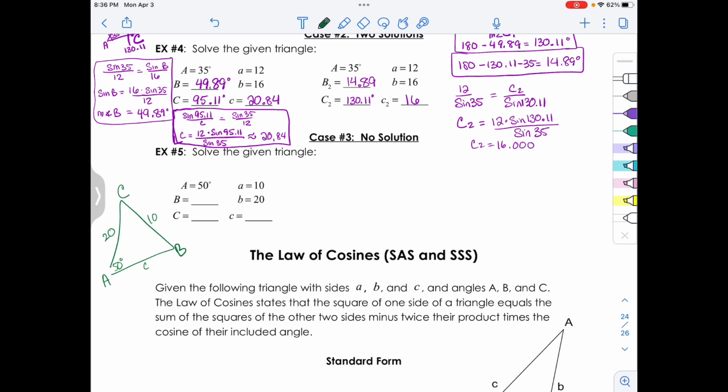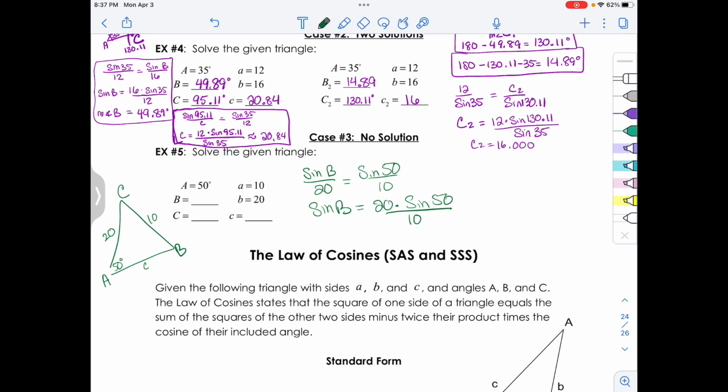Okay, so the first part we're going to find is angle B. So we put that the sine of angle B over 20 equals the sine of A over 10. And when I solve this, the sine of B equals 20 times the sine of 50 divided by 10.